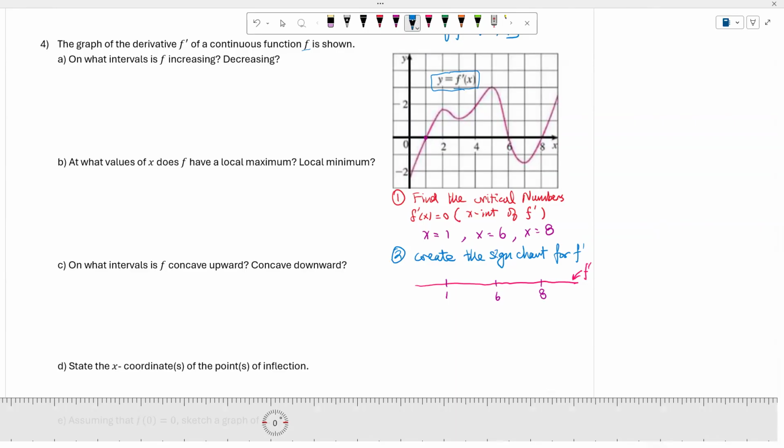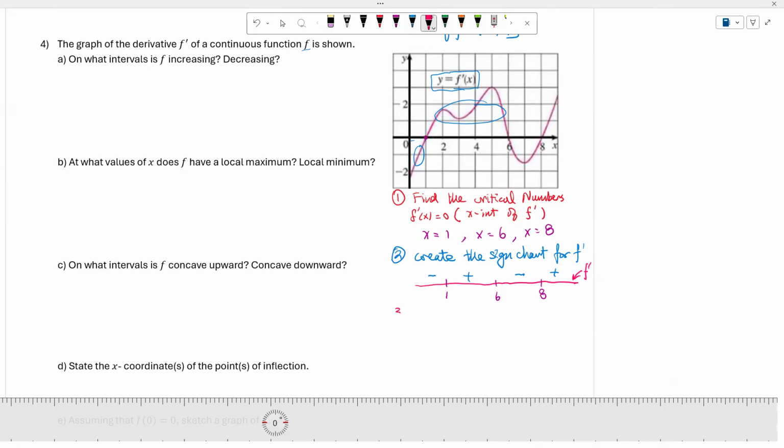Now we are looking at, between 0 and 1, the function is below the x-axis, so it is negative. Between 1 and 6, the function is above the x-axis, so it is positive. Between 6 and 8 it is negative, and from 8 to 9 it is positive. So basically we are looking at whether the function f prime is below or above the x-axis.